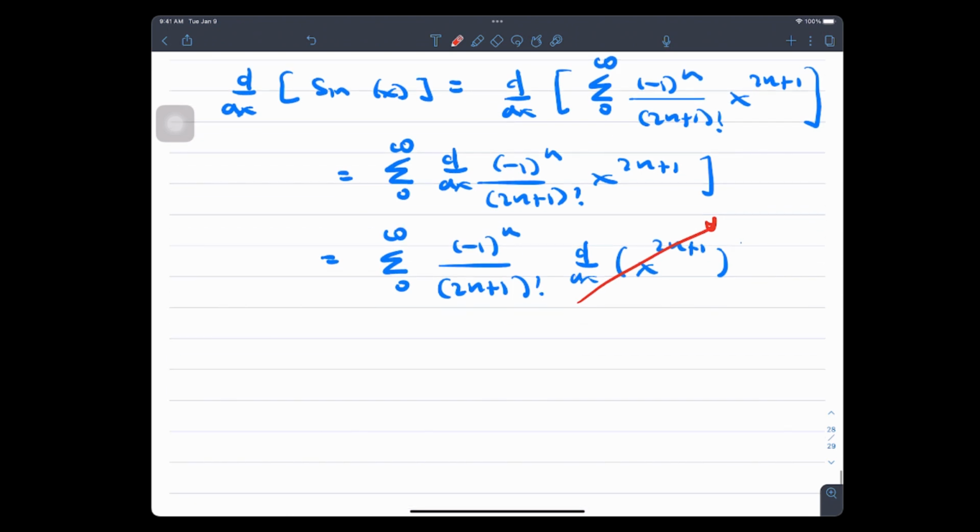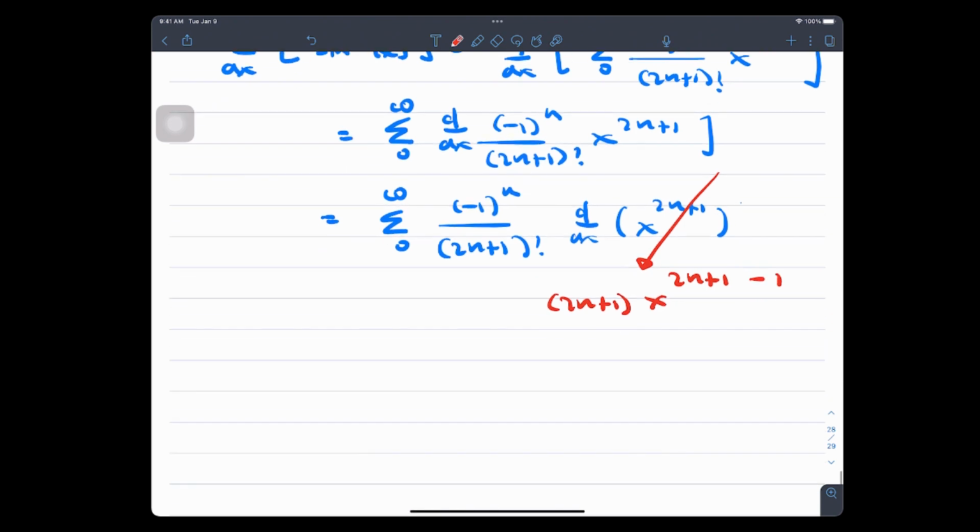Let's see if I can remember how to differentiate. Isn't that 2n plus 1, x to the 2n plus 1 minus 1? Is that right? You guys with me on that?